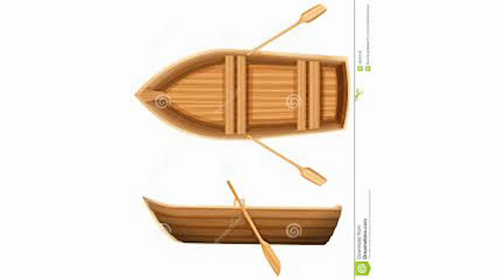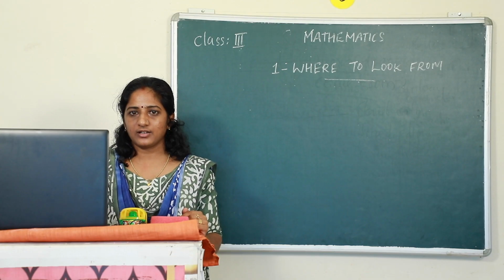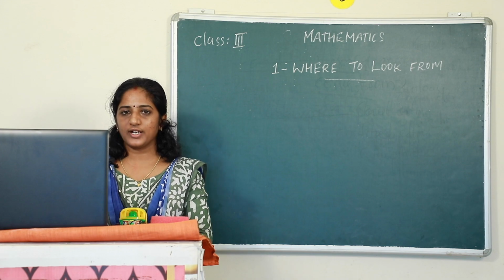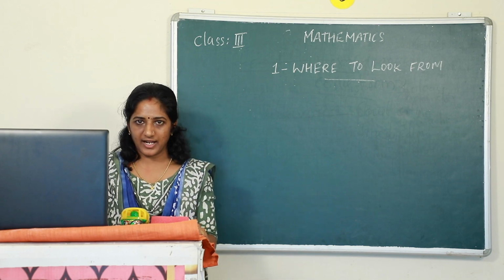The first one is top view and the second one is side view. Now look at this car. The first one is top view and the second one is side view. Very good. So you understand what a top view and a side view is, right?